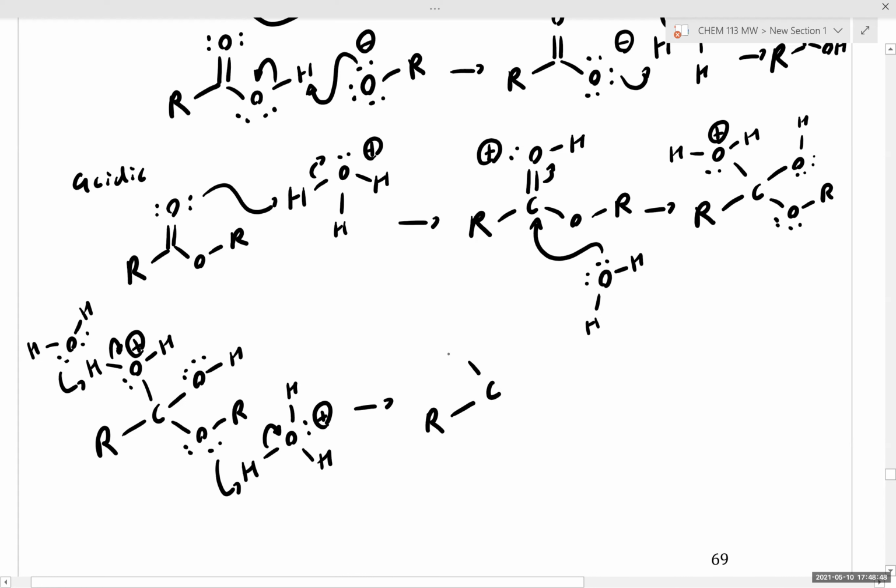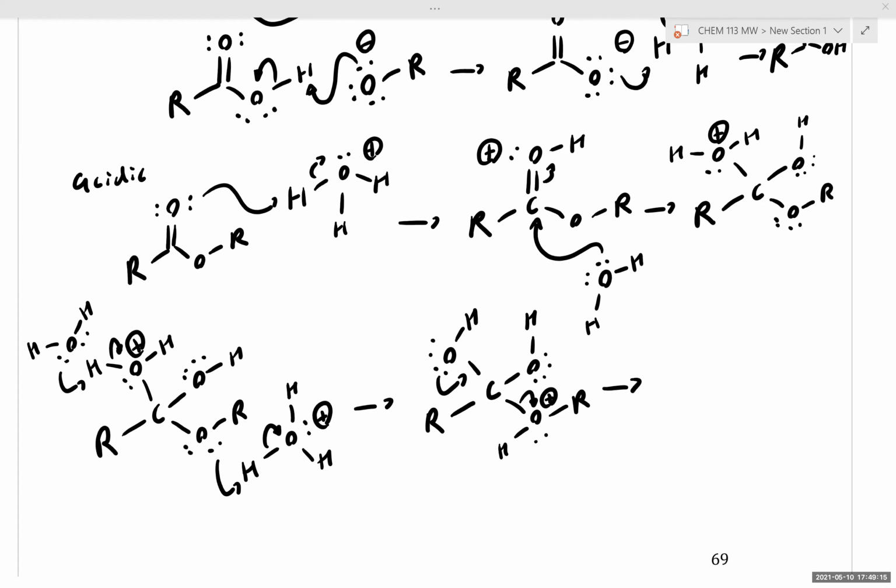After we've completed this proton transfer process, we've now primed our leaving group to leave during this 1,2 elimination step. So we're going to kick down a lone pair, and we're going to regenerate our carbonyl, and we'll lose our activated alcohol leaving group.